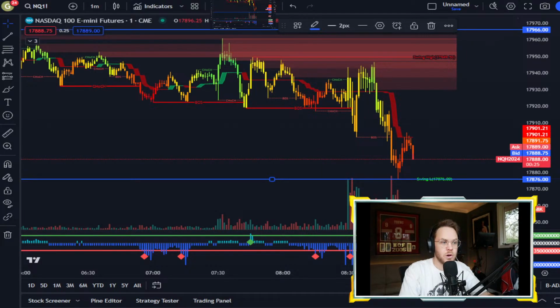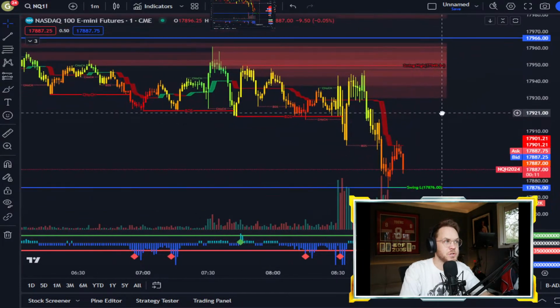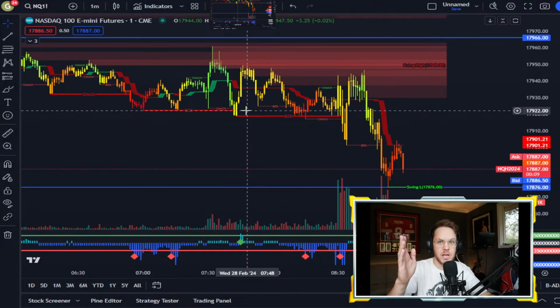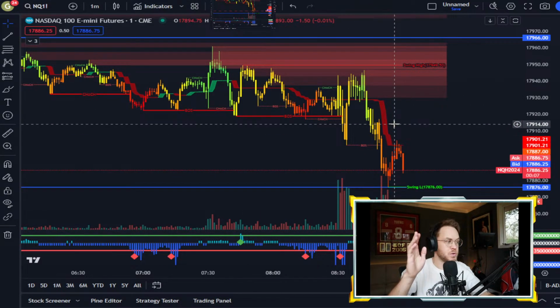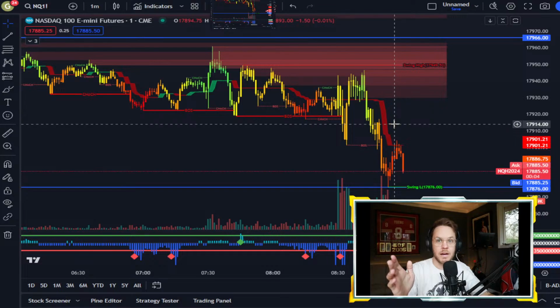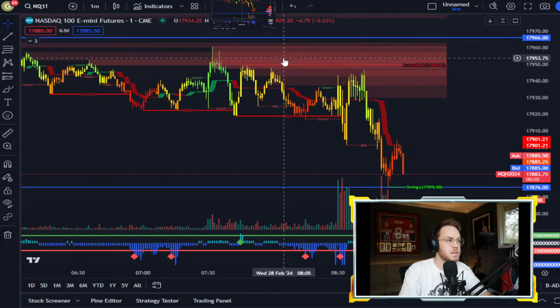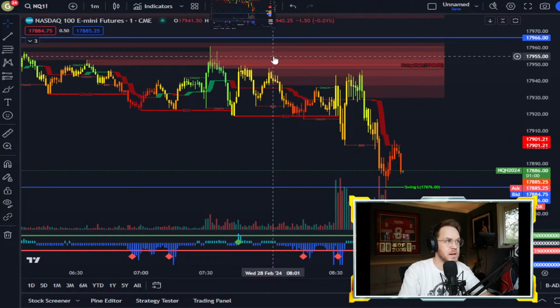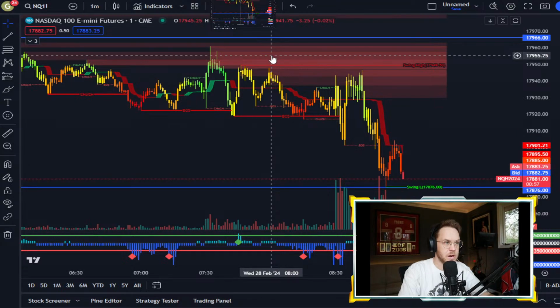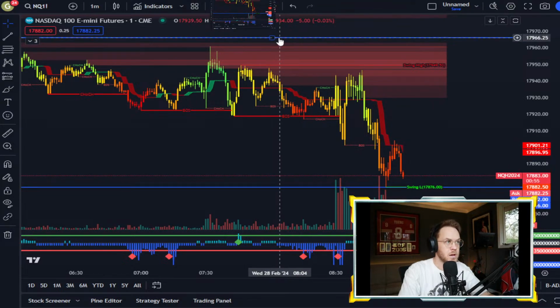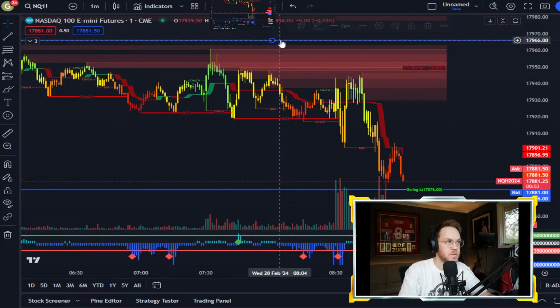All right, so basically I'm going to mark the opening range, which is from 8:30 a.m. Central Time to 9 o'clock Central Time. So right here we have 8 o'clock on this candle. I'm going to move this blue line down here.